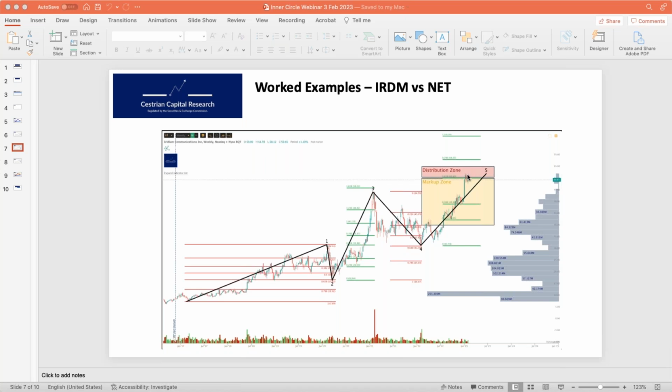But I strongly believe you will see this become a distribution zone here. Why do I think that? It's a fifth wave high. The stock just started to pay a dividend, and that means that there are new buyers coming in, income funds that couldn't previously buy the stock because it didn't pay a dividend.